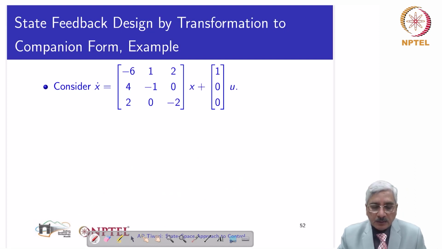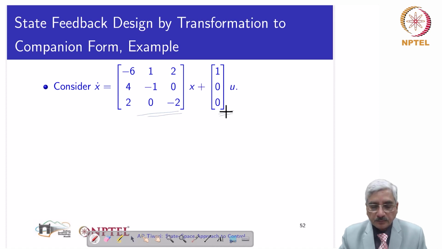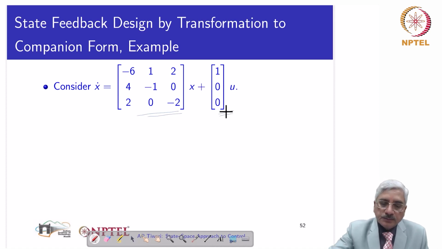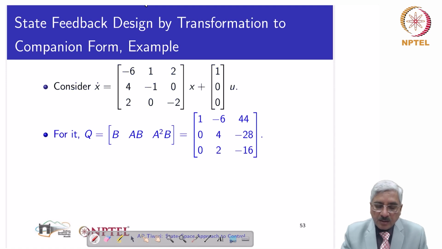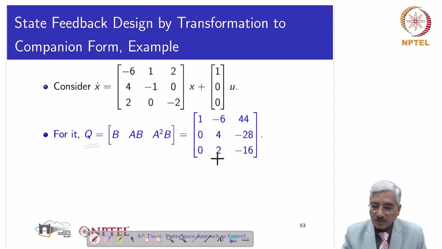Now as an example, we consider this system. X dot is this system, which was the same as the system shown earlier. Because it is not in companion form, we transform it to the companion form, and for that we need the controllability matrix, which is this.